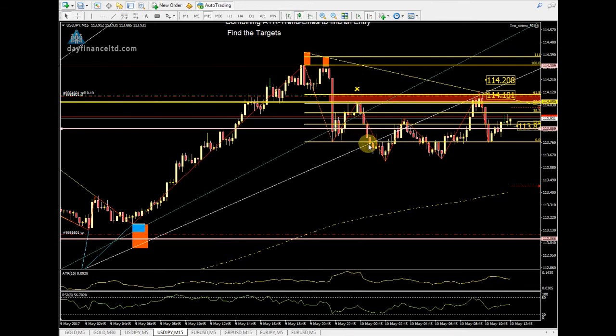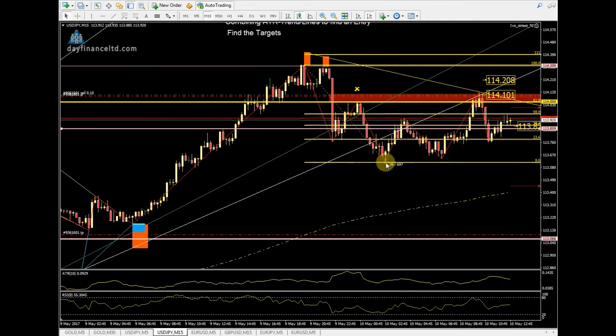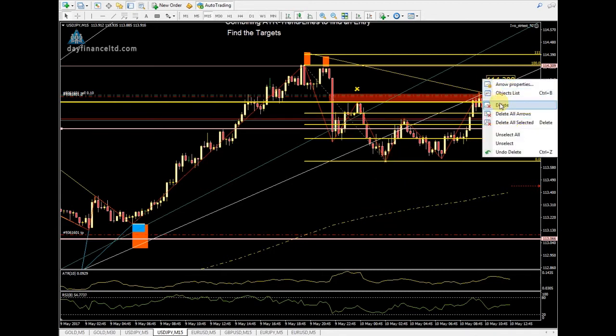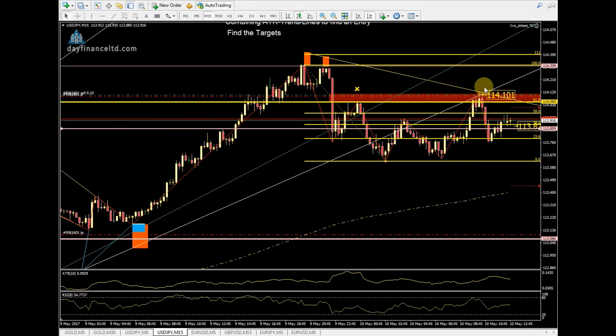Then I see that the second line is broken, so let's see. Also, you see how we have one more line from the double top there, and how they are crossing each other. The second line from the bottom and this line from the top, from the double top.